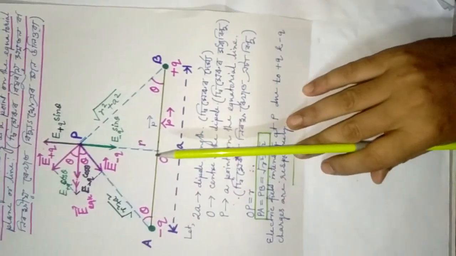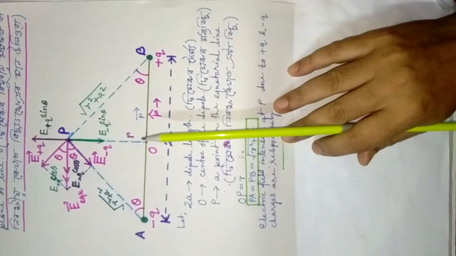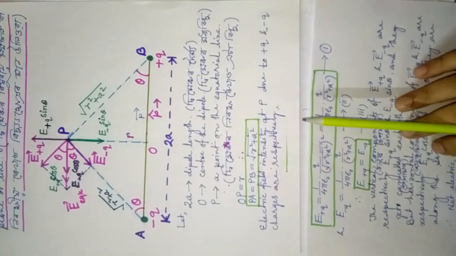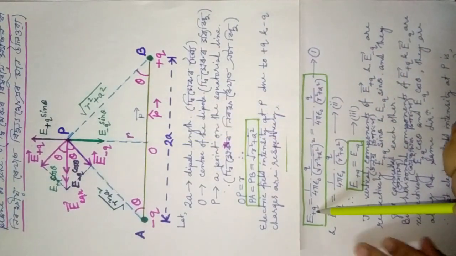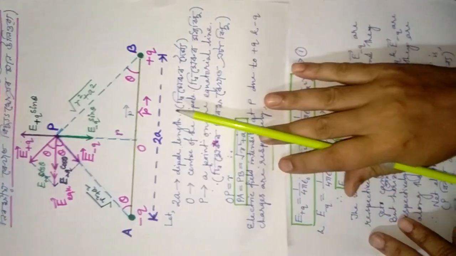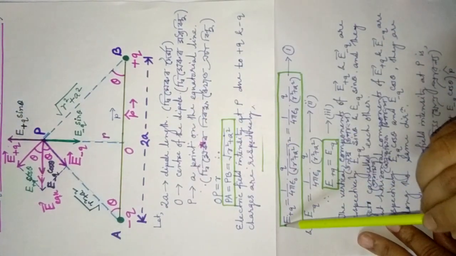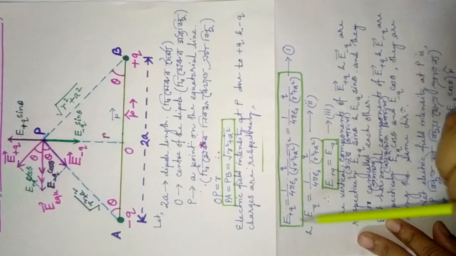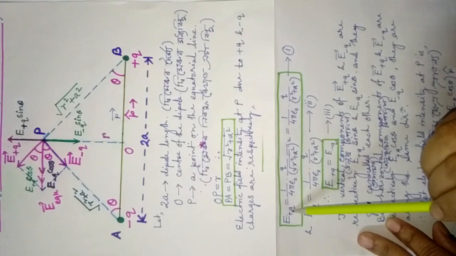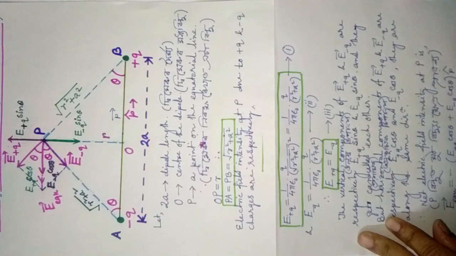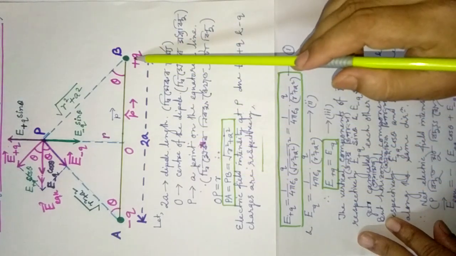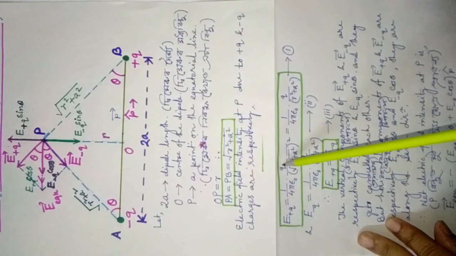Okay, see here, concentrate here. This is the electric field intensity, only magnitude. I am not going to write vector here. Okay, only magnitude. E plus q is equal to, all of you know, the electric field intensity due to a point charge is 1 by 4 pi epsilon naught q by r square.